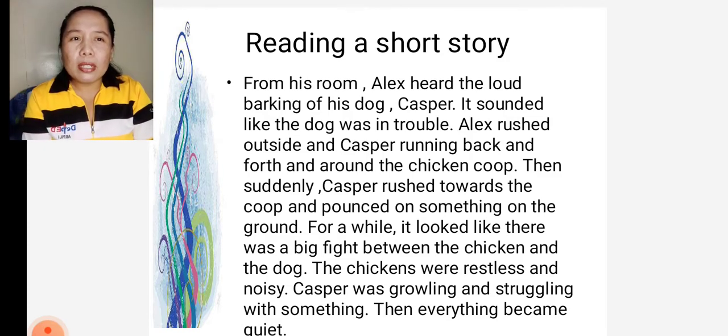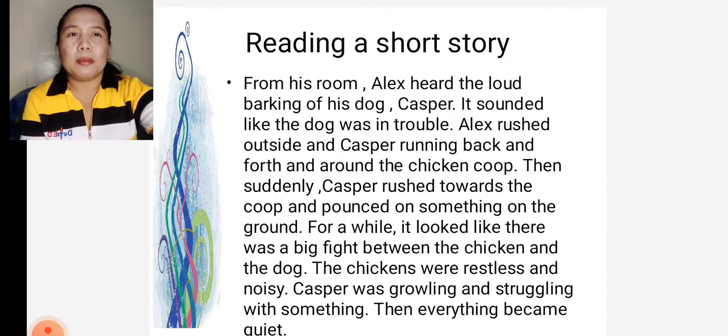For a while, it looked like there was a big fight between the chicken and the dog. The chickens were restless and noisy. Casper was growling and struggling with something. Then everything became quiet.